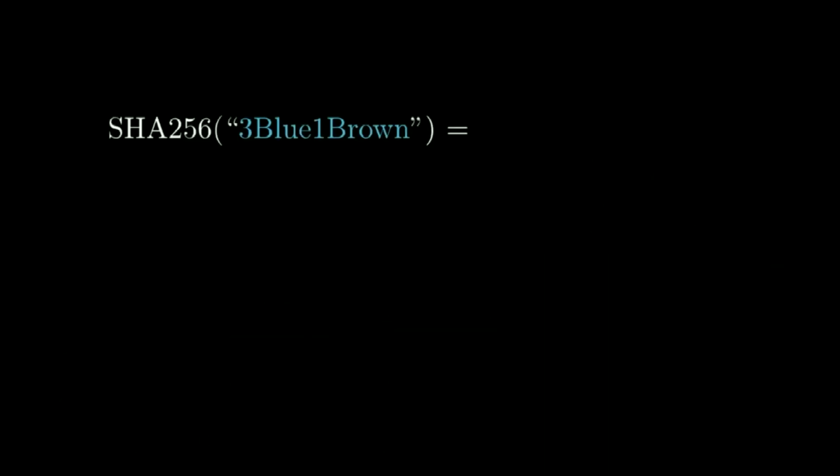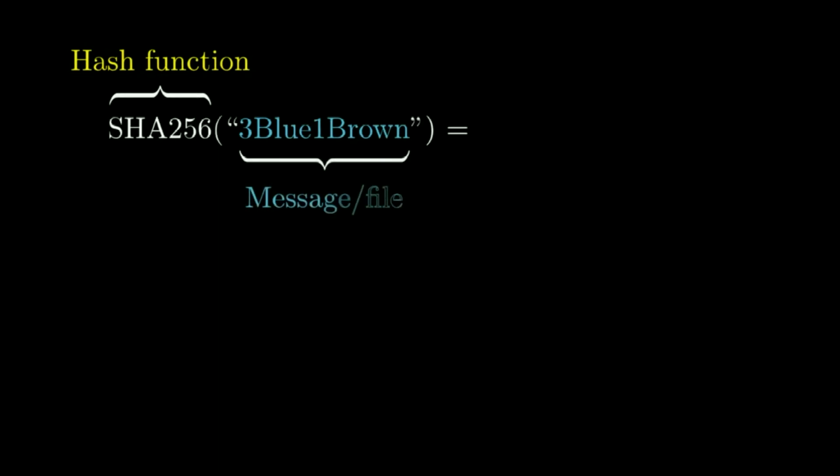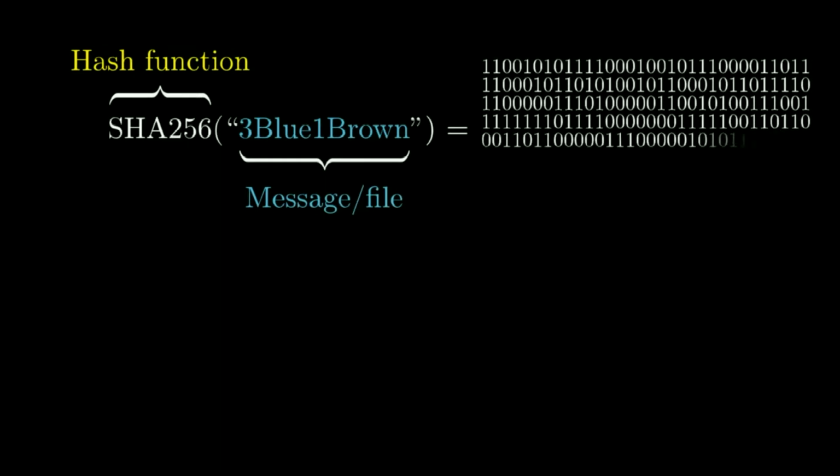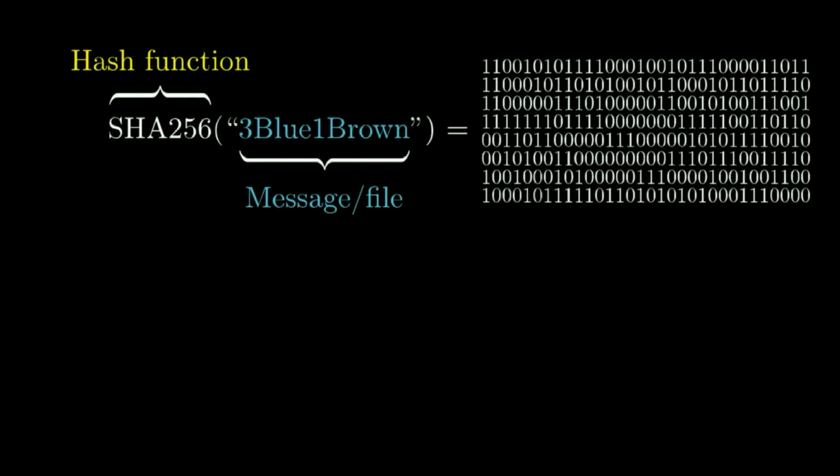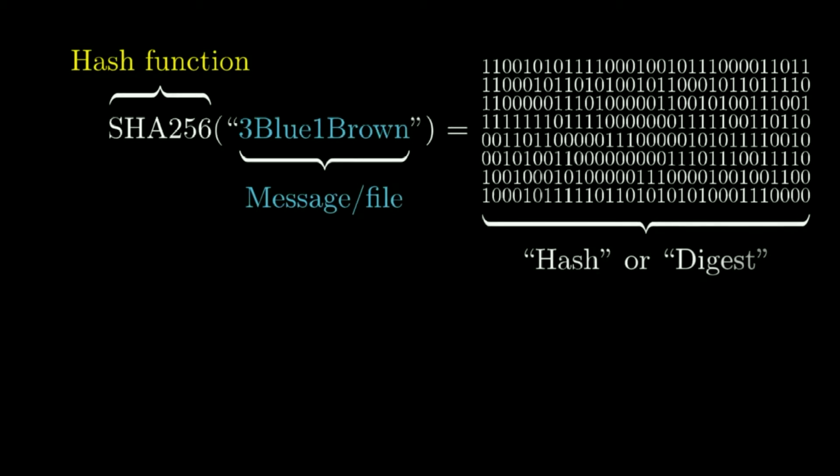So first things first, what's a hash function? The inputs for one of these functions can be any kind of message or file, it really doesn't matter. And the output is a string of bits with some kind of fixed length, like 256 bits. This output is called the hash or the digest of the message, and the intent is that it looks random.